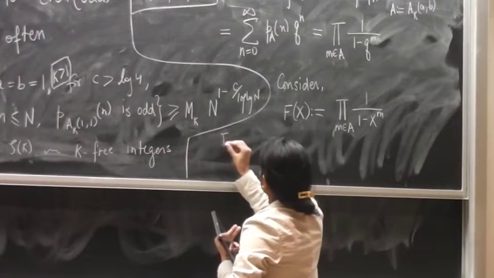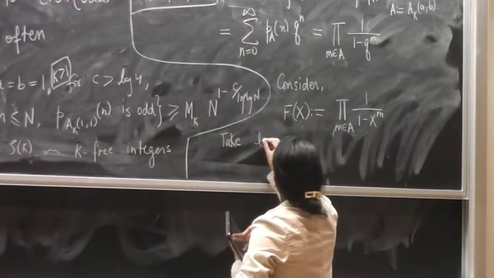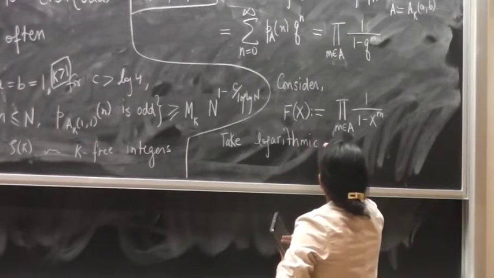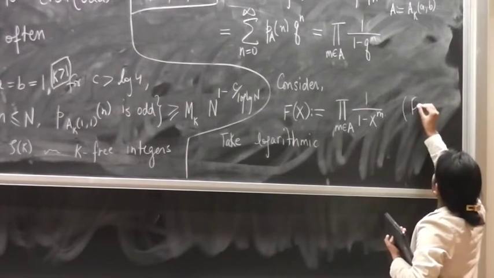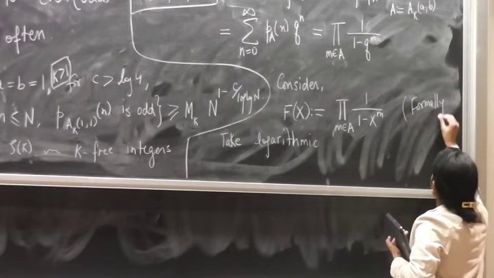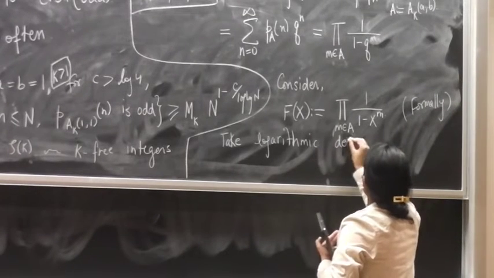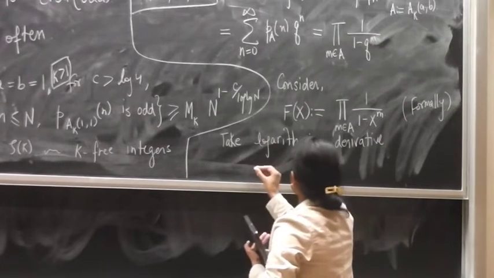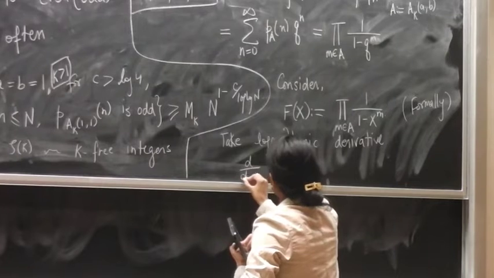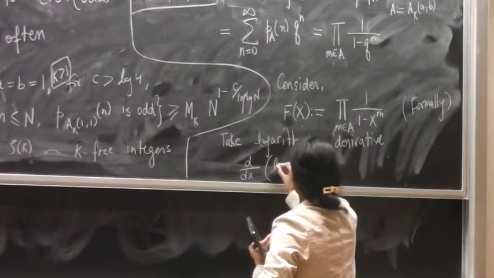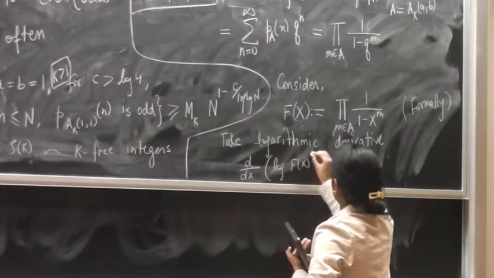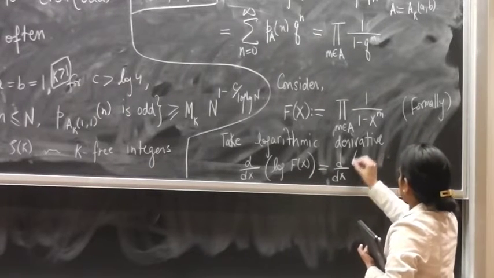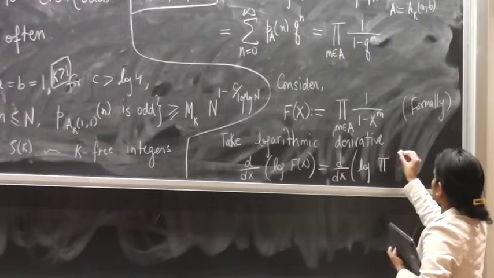And now you take the logarithmic derivative. So this is defined formally. Logarithmic derivative means I am taking the derivative of log of f of x, and that's given by the log of this product.